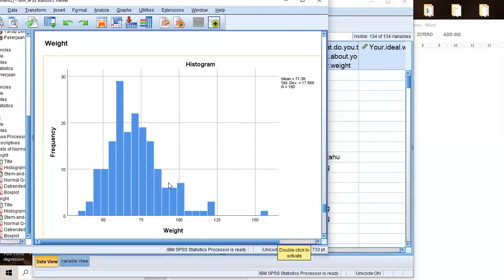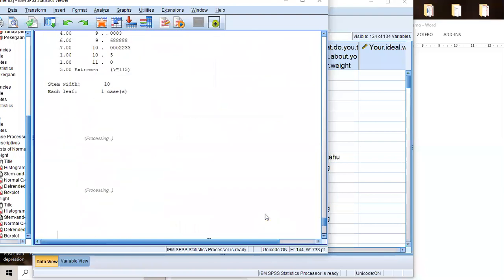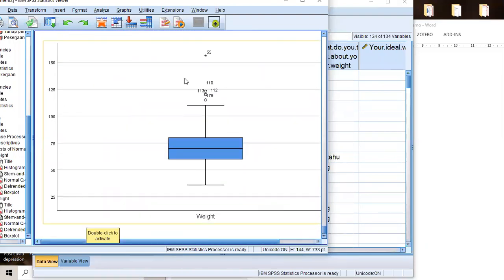That is the reason why the data is skewed to the right. That's case number 55, an extreme value marked with an asterisk. What's the value like? About 155 kg.